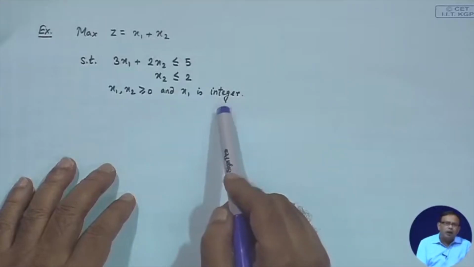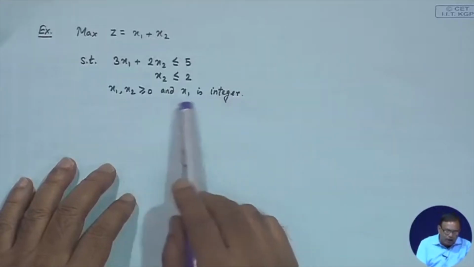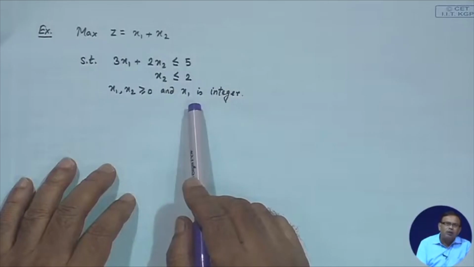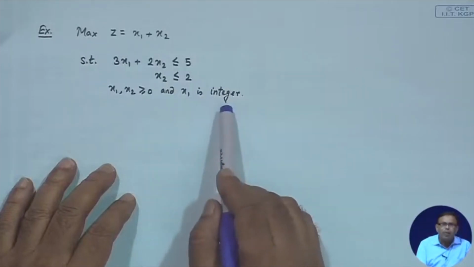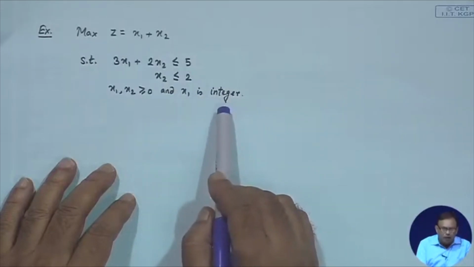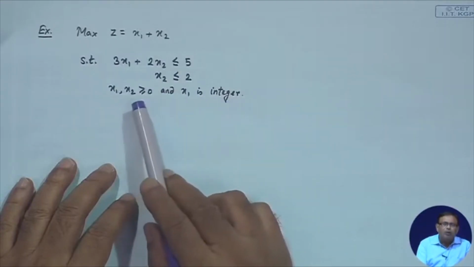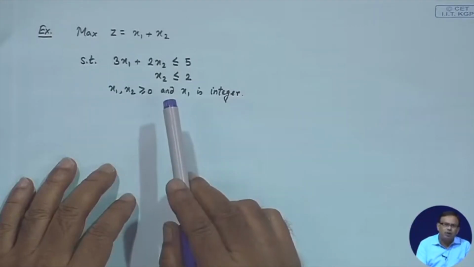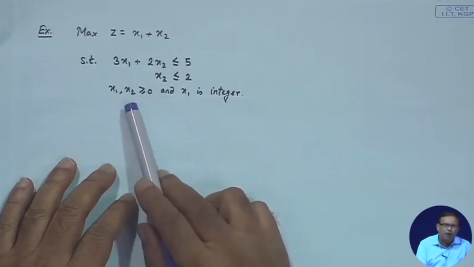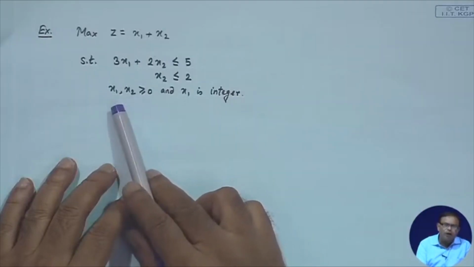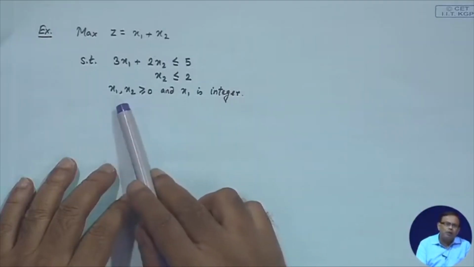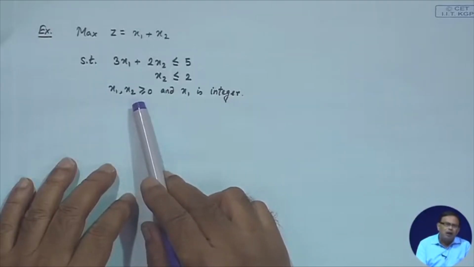So, basically here you see the difference is that x1 we are specifically saying is an integer, and for x2 we are not mentioning anything, we have told x2 will be greater than equals 0. So, x2 can take real value as well as integer value. So, I have one variable whose optimum value should be integer, and another variable whose optimum value may be integer, may be real.